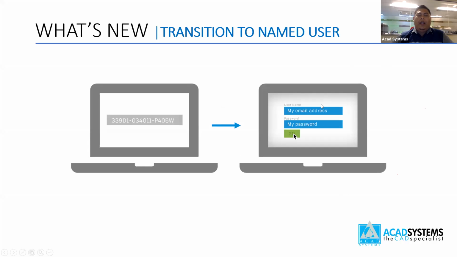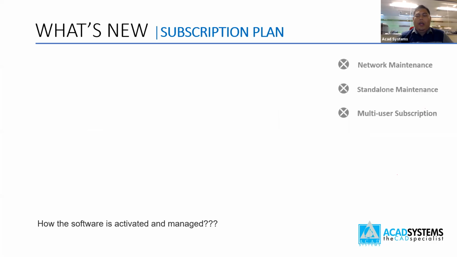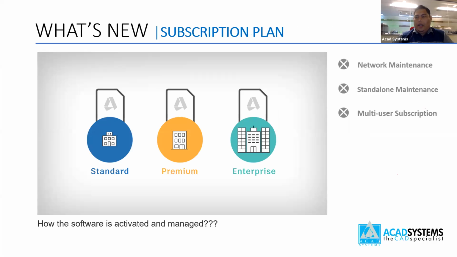It means that whatever packages you purchased a few years ago will be transitioned into a named user, where previously when you activated the software, you were using a serial number or product key, but those activation methods will be changed to email address and passwords. So rather than being assigned to numbers, nowadays all the software is going to be assigned to users with email and password validations.